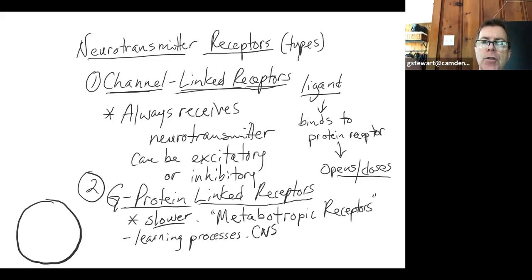On the surface of this cell, there's a receptor that binds the neurotransmitter, but then it's linked to a protein on the inside called a G protein. These G proteins then are typically physically linked to what we call a second messenger. So they're also called second messenger systems.